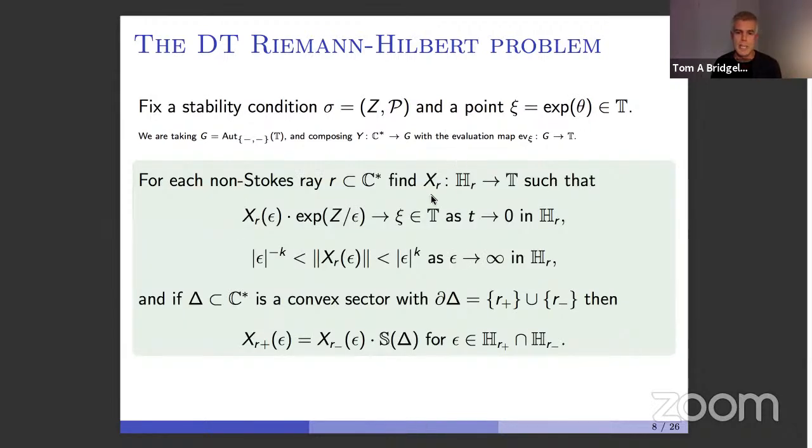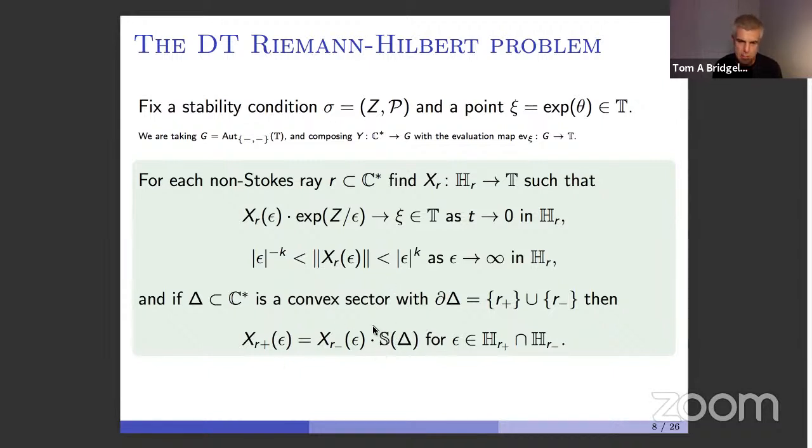And then we just do the same thing. We look for maps from appropriate half planes into this torus, which have good asymptotics as epsilon goes to 0 (I can never decide what this variable should be called), some kind of moderate growth as epsilon goes to infinity, and the correct jumping.